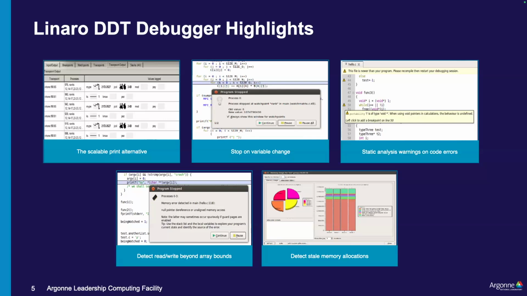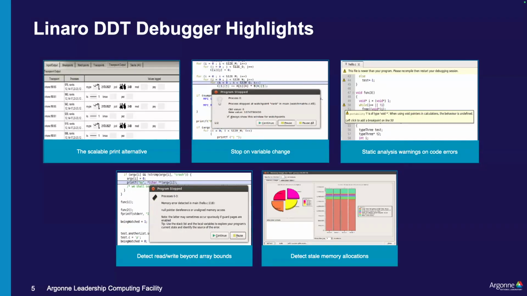You tell it what variable value you want to trace, and as your application runs, it prints that to a window in DDT for you to see how that variable value is changing over the execution of your program, without needing to recompile your code or remember to get rid of print statements afterwards. As we discussed, there are sparklines, and with trace points you get these sparklines as well. So you can see how that variable value is distributed across all of the different processes, and if there's any outlier, you'd be able to see that.